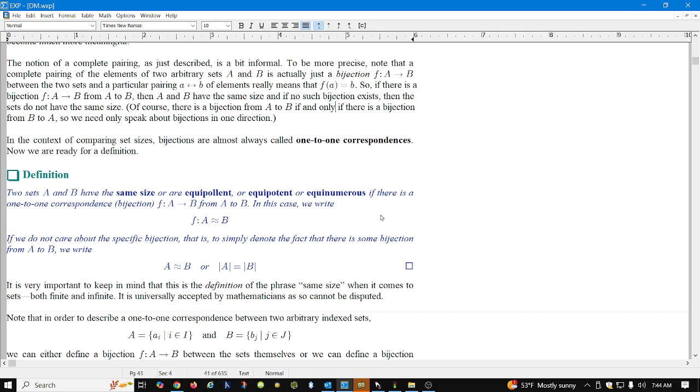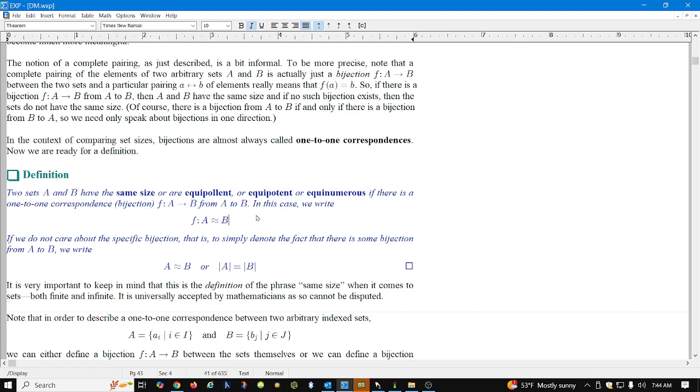If there is a one-to-one correspondence, or in other words, a bijection, from A to B, or between A and B. But if the bijection is F from A to B, then we would write this. I will write this. This notation, this approximate symbol, I've seen it in other places.